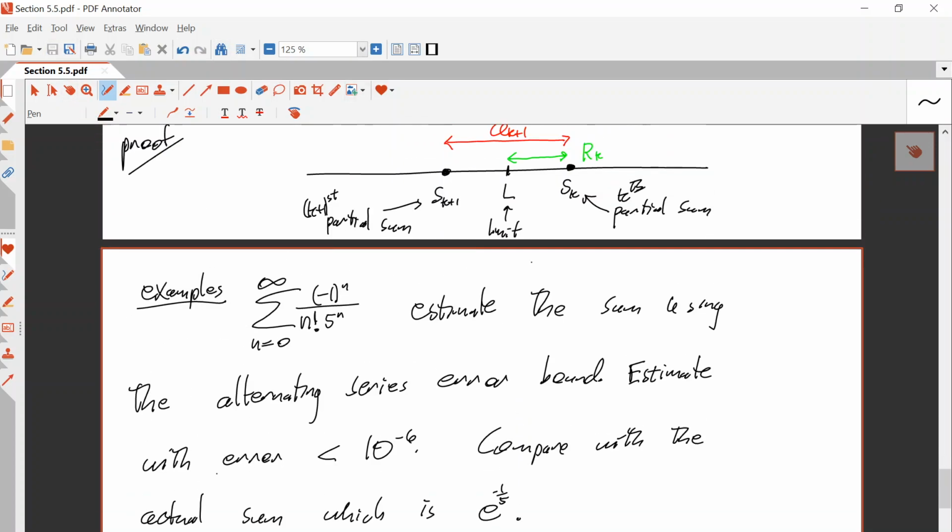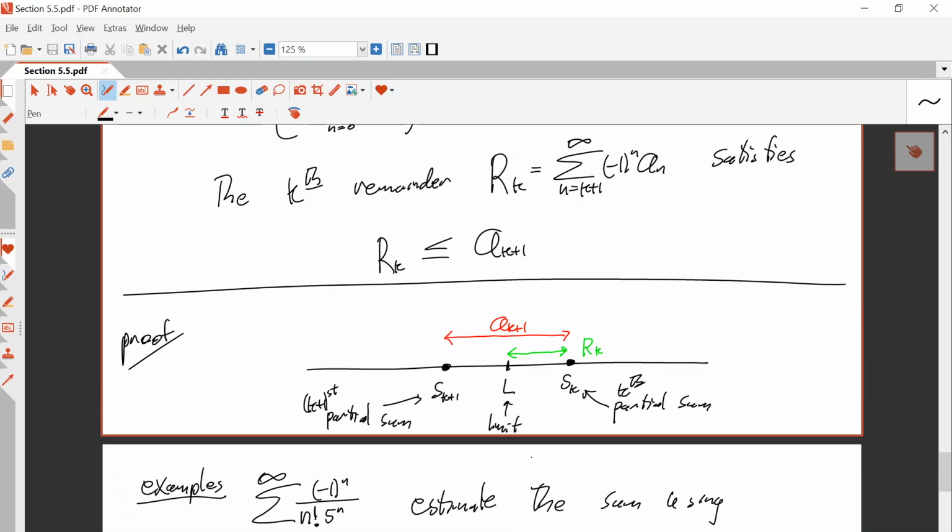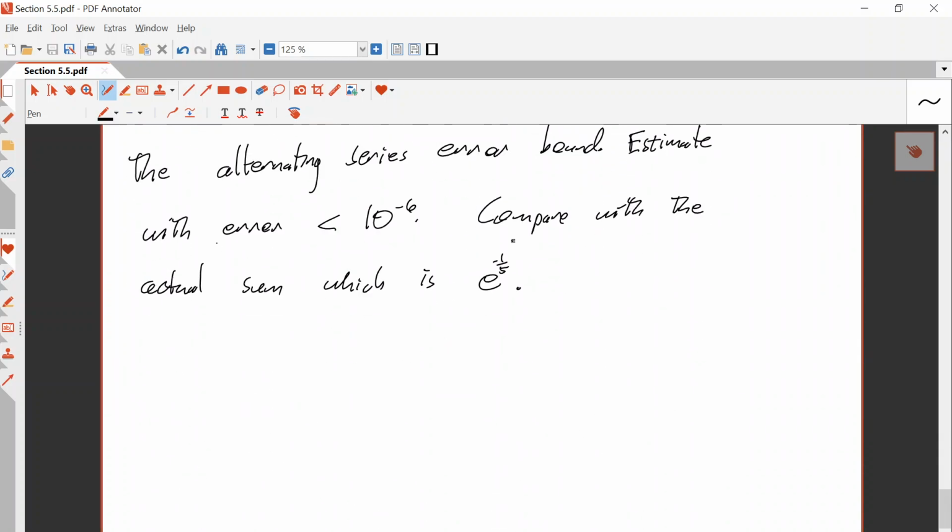Okay, well, the kth remainder is less than or equal to the k plus first term. So let's do it this way. Instead of using that, let's do it like this.